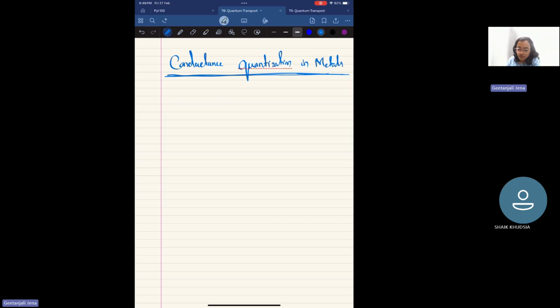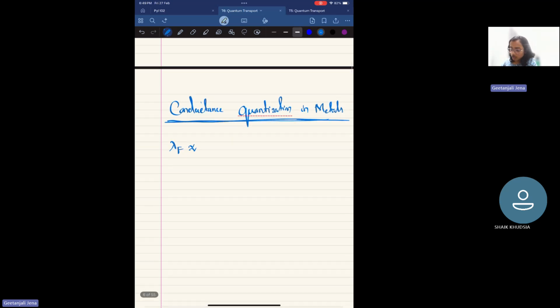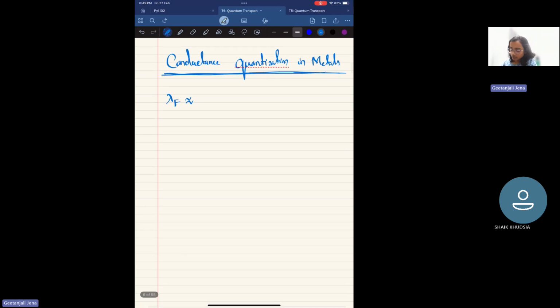If we recall, for metals to see the quantized conductance, lambda F should be of the order of the dimension of the conductor. This is the ballistic condition, which we have seen for the semiconductor also.